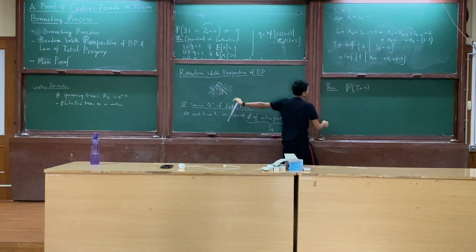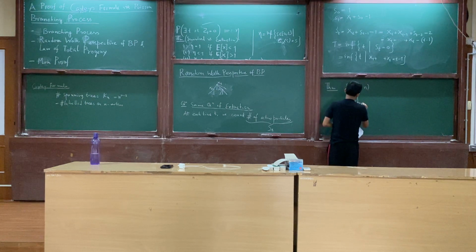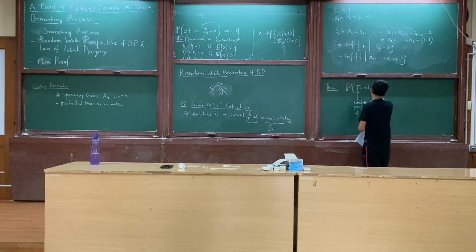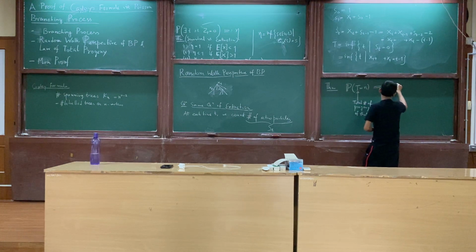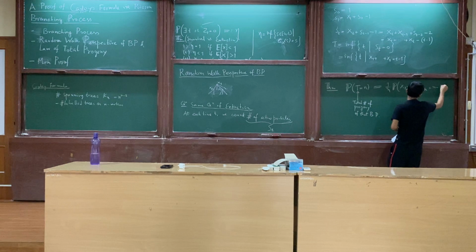That means this is the total number of progeny of the branching process, and the result is that P(T = n) equals 1 by n times the probability that X1 plus ... plus X_n equals n minus 1.